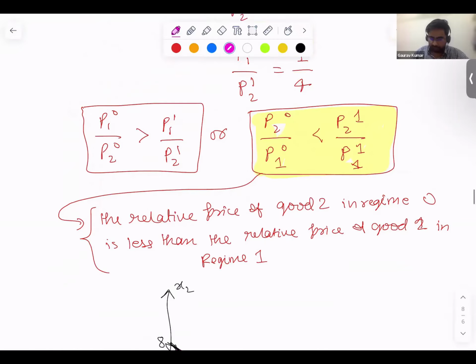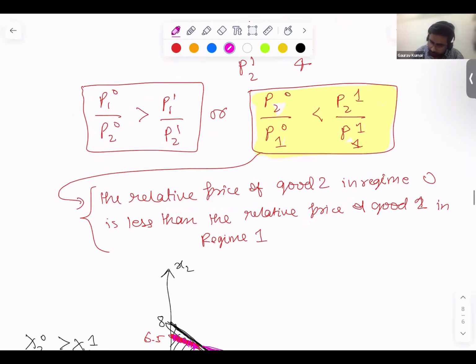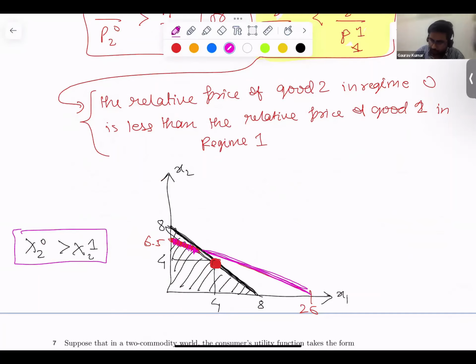And you also know that x20 is going to be greater than x21. So this is your x20, because it is 4. So whatever you select of good 2 in regime 1, x21, the point of the choice you make on this budget line has to lie somewhere here, because this is the region where x20 is greater than x21.